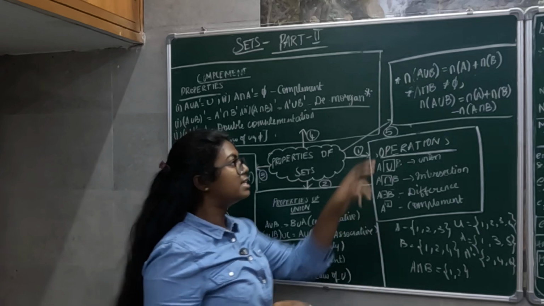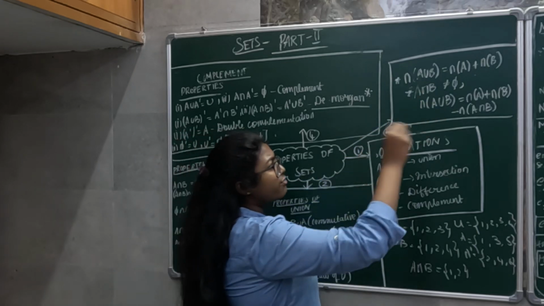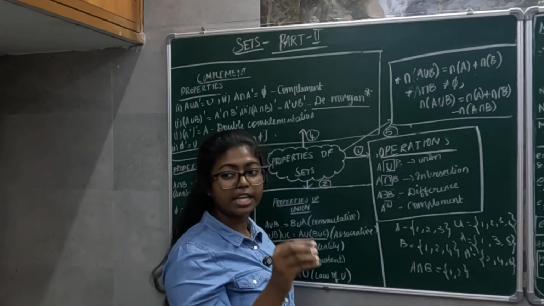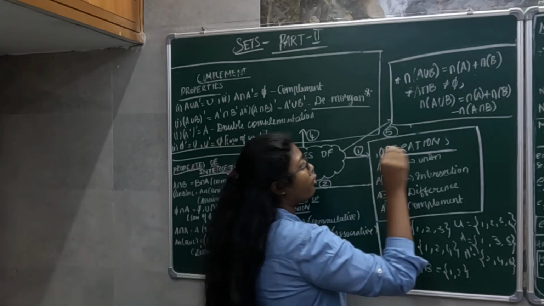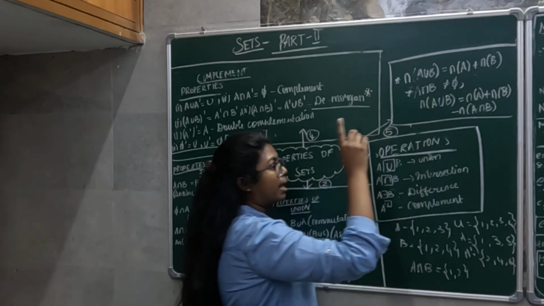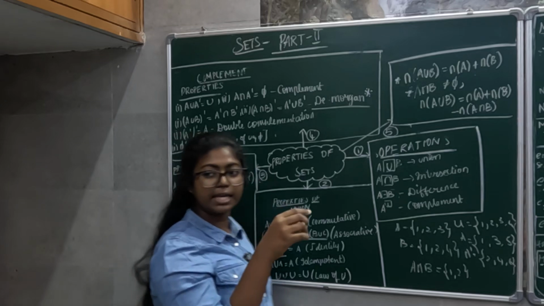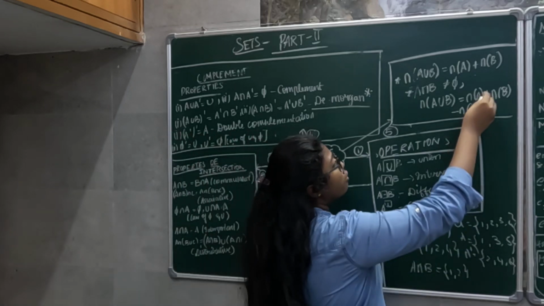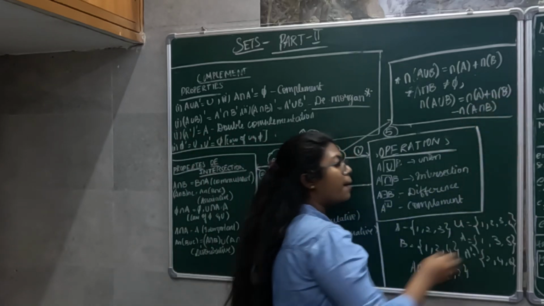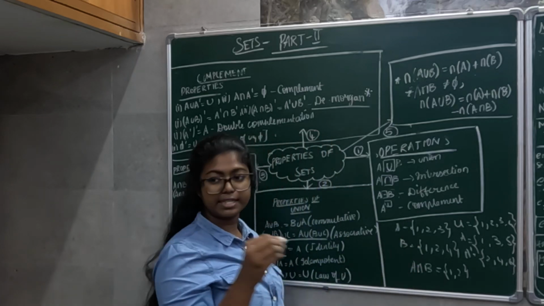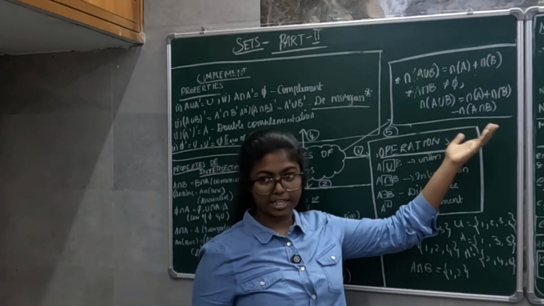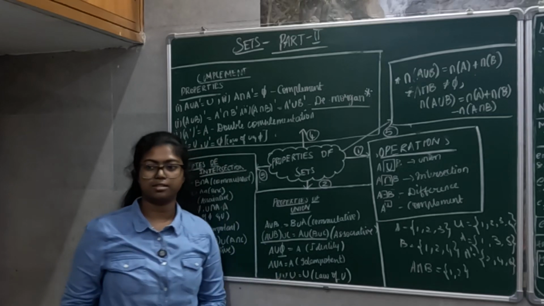In that case, the formula will be n of A union B is equal to n of A plus n of B minus n of A intersection B. These are our general formulas. That's it. Very good.